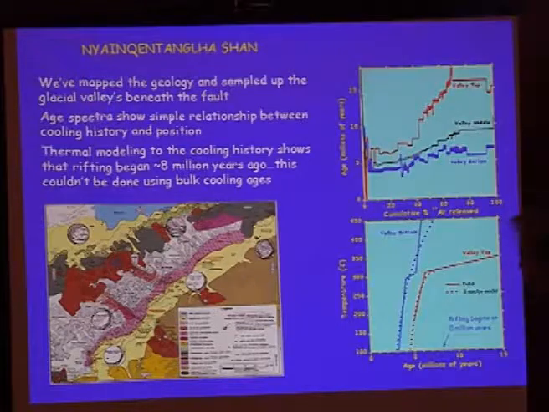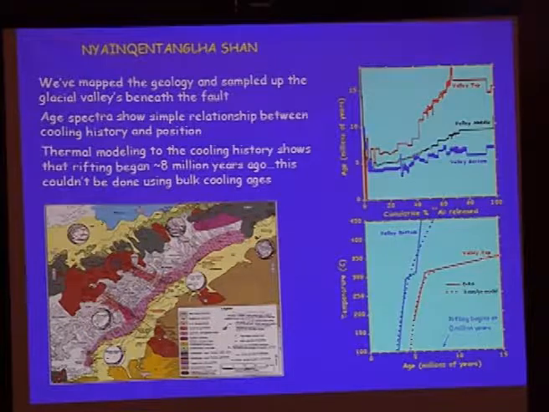Here are the results. We look at K-feldspars from the valley bottom, from the middle, from the top, and I'll just show you the top and the bottom. You see, from the valley top, we've got relatively old ages preserved, greater than 15 million years. At the valley bottom, the sample came from hotter, deeper.